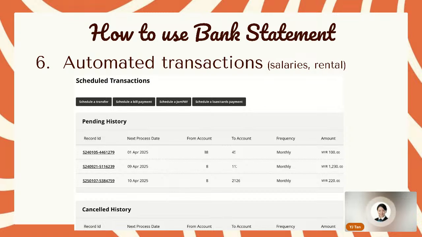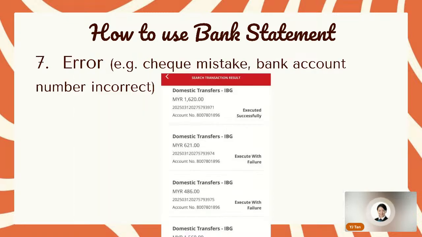So it will fail, and then you don't know. In your cash book, you deduct your bank column, but in the bank it actually failed. So that is one example of how the cash book and bank statement might not match.